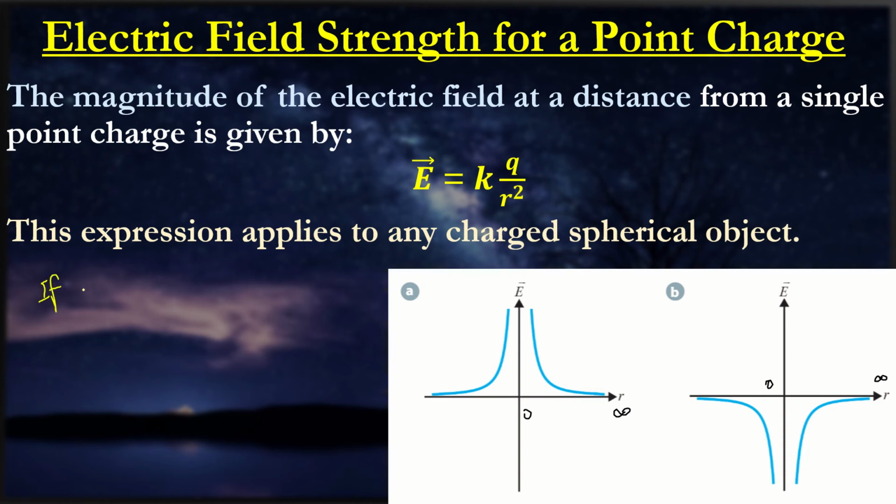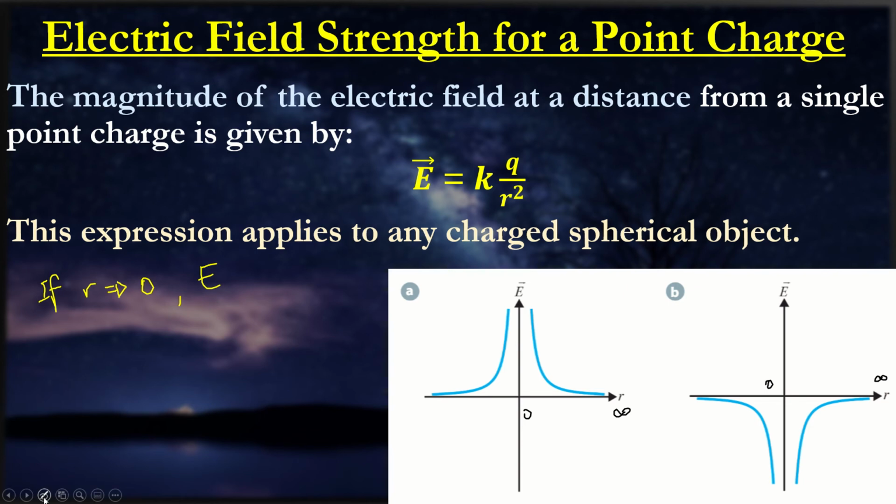So what we can see here, according to this equation, is that if the radius in which we're measuring this, r, is going to 0, then the electric field strength gets exponentially higher.